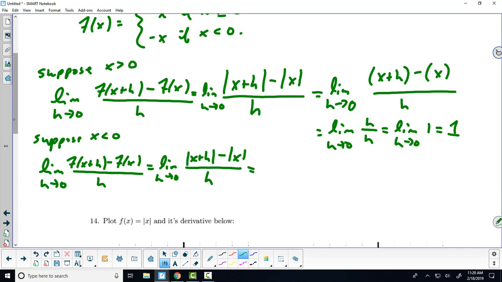And when I add a very tiny number to a negative quantity, it stays negative. So I'm going to use the second of the two definitions. Let's see, this would then become plus x. Let me write it this way, though. It's minus from the formula, and then minus x.